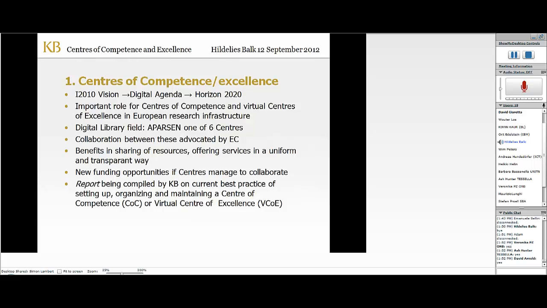Okay, so what's the background of all this setting up of centers of competence and excellence? We know that OPF in the Planets project in the Framework 6 program did set up a sustainable organization after project ending of their own accord. We just stuck our heads together and said we must try and sustain what we have here. And we were very much stimulated, I must say, by the European Commission, but there was no obligation. This was different in F7, in the 7th framework.